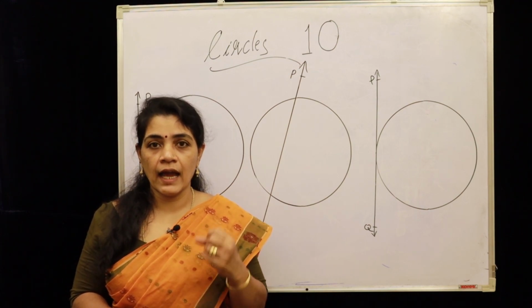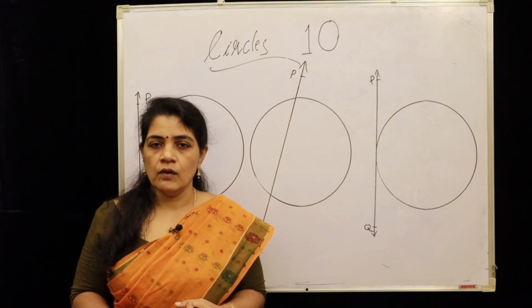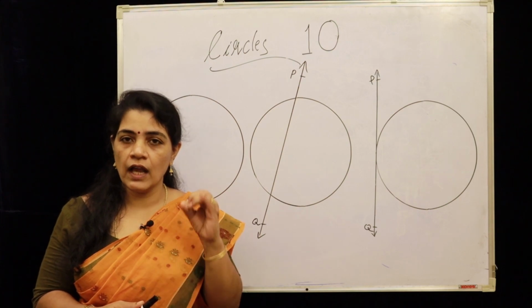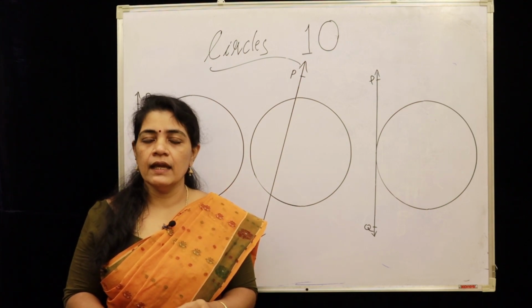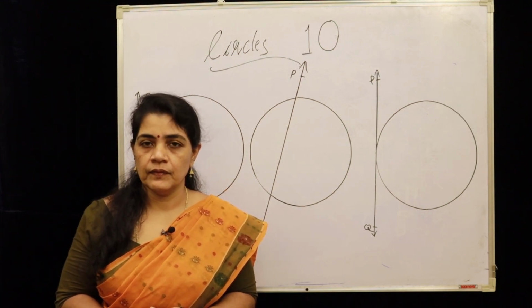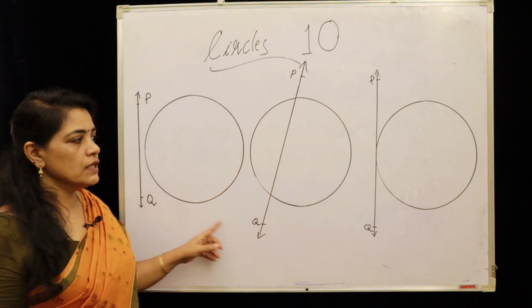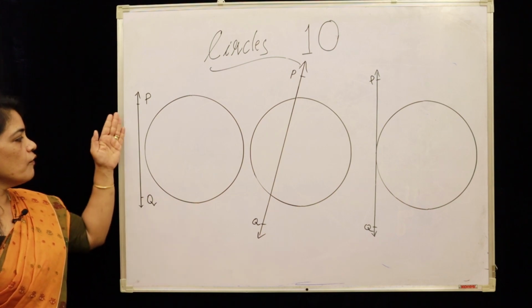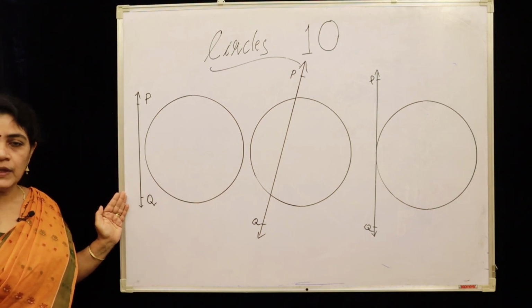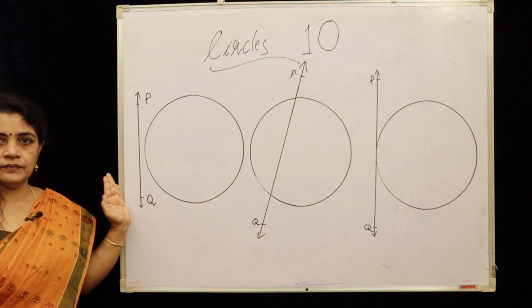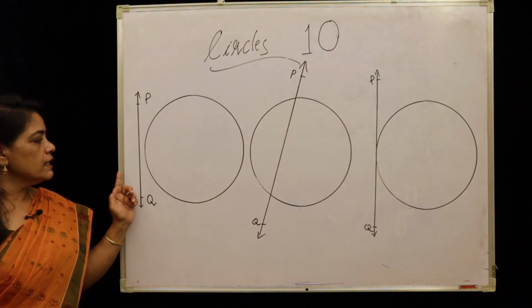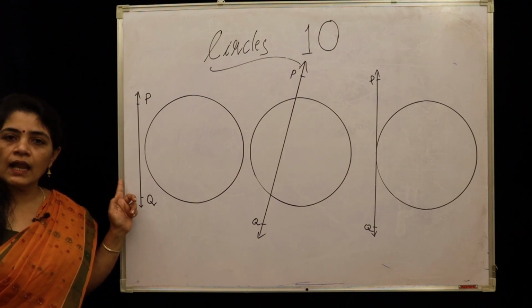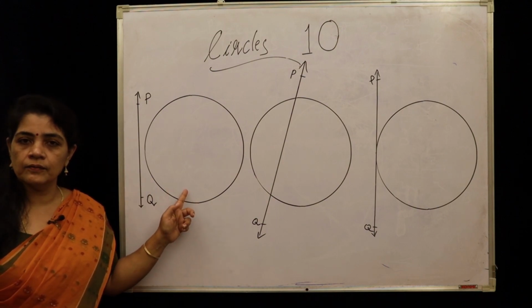Understood? That is a line and a circle. There can be three different situations when we have a line and a circle. Look into these three different figures. In the first figure, we have a line PQ and a circle, and there is no common point between the line PQ and the circle.